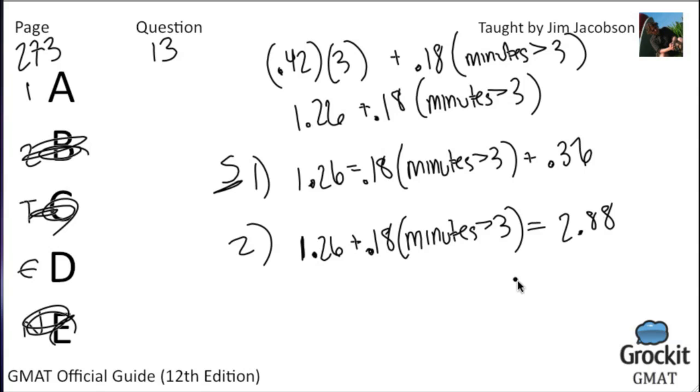So again, we have a single equation with one variable. We would subtract 126 from both sides and then divide by the 18 cents for the remainder, and that would give us the minutes that are over 3, and then we would know that the final number in any case would be this guy plus 3. Anyway, sufficient for sure, which gives us answer choice D.